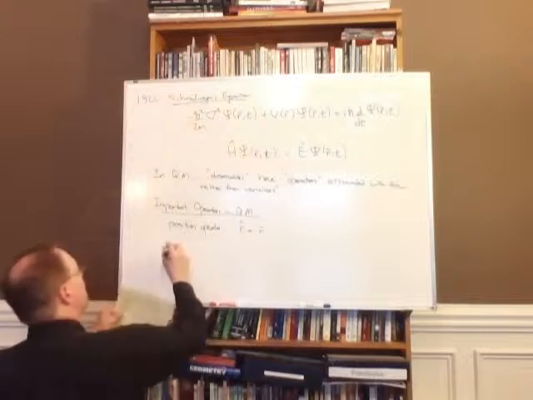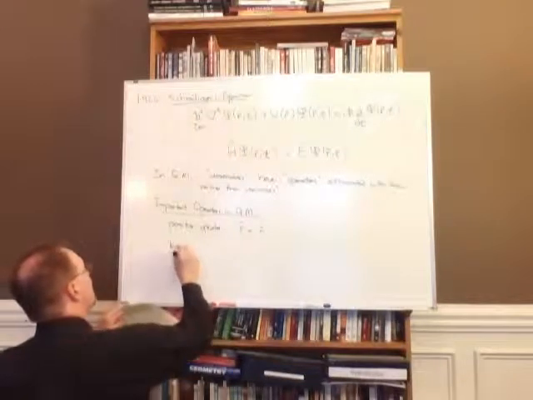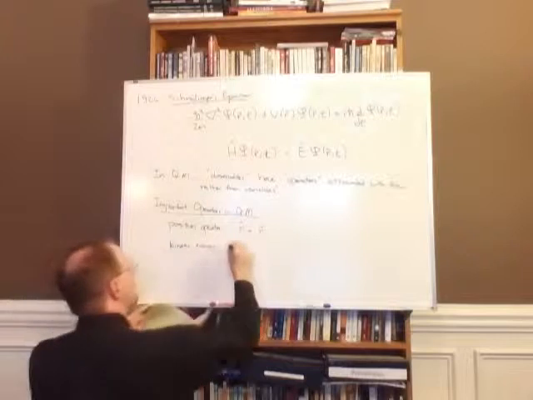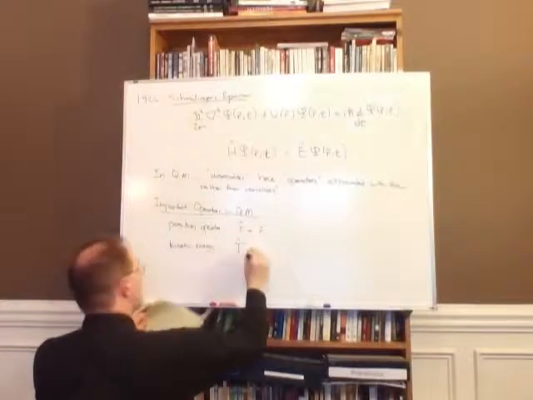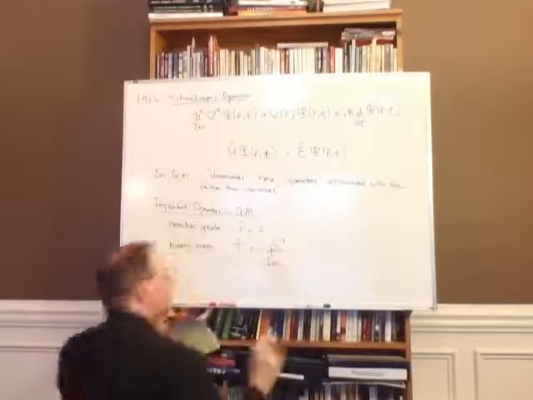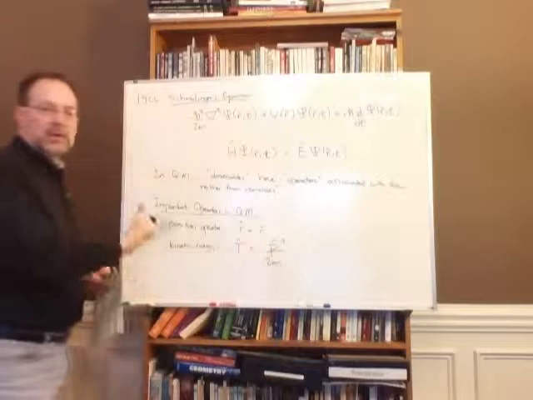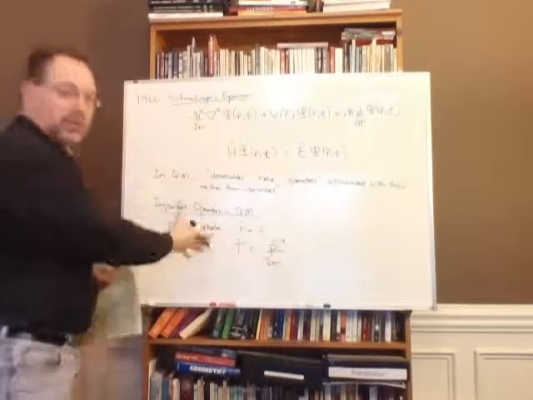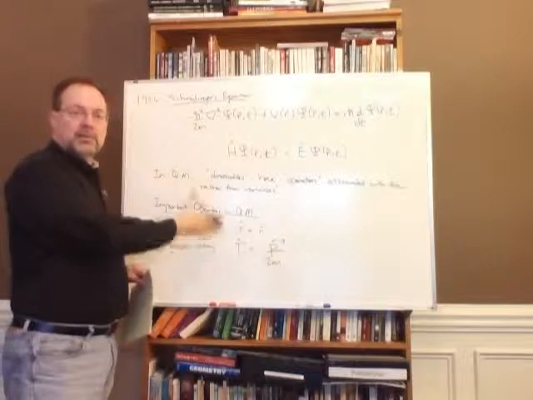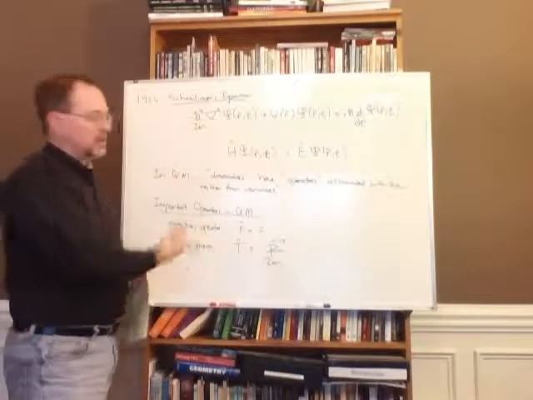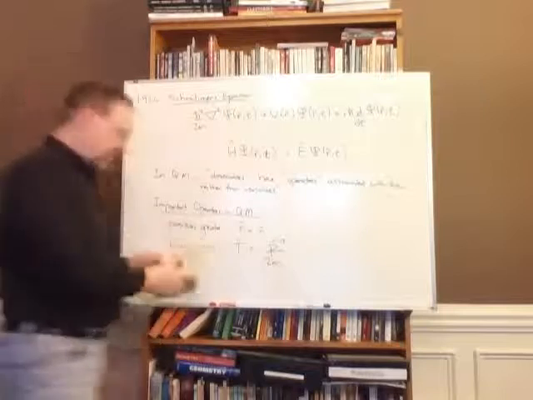Now, the kinetic energy operator, T hat, is our linear momentum operator squared over 2m, or the linear momentum operator dotted with itself, really. This looks just like E equals p squared over 2m from classical physics, which we've been using. But here these are operators.